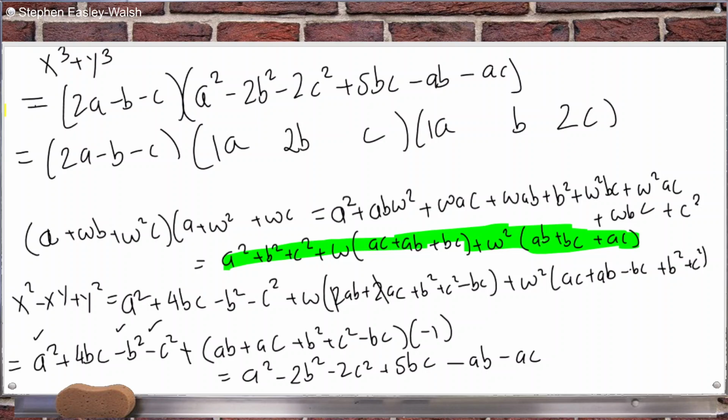Let's try minus 2b plus c, and then let's try plus 2b minus 2c. Let's see if we multiply that out, what do we get? So a by a is a squared. Actually, you know what? We'll multiply it out and check that it works.